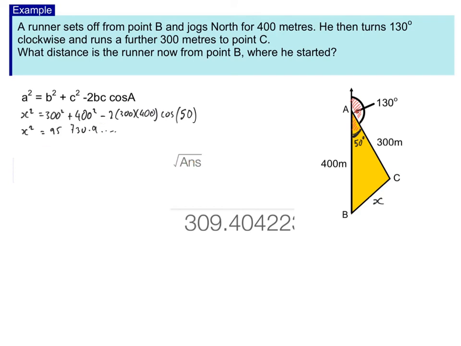The square root of my previous answer was 309.4. So x is 309.404, and so on. Again, I'll round this to 3 significant figures, so 309. The 4 means I don't need to round up. So x is 309 metres to 3 significant figures.